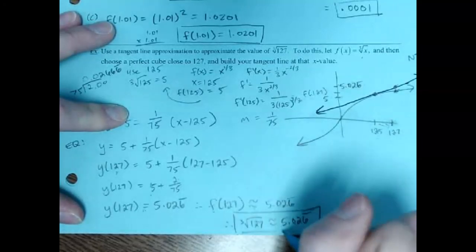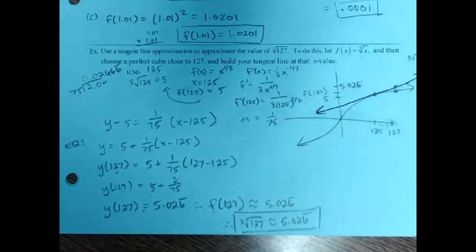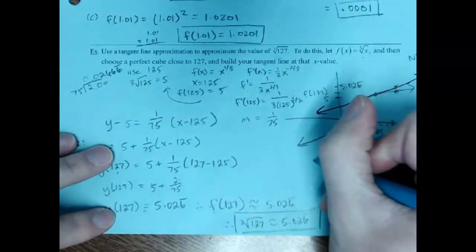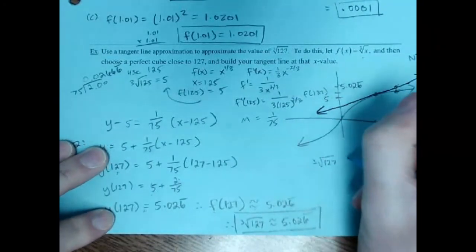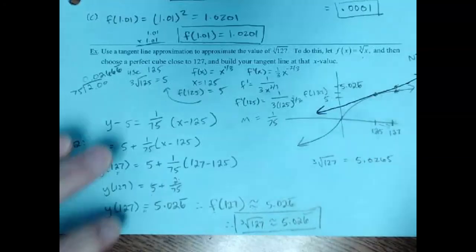So using a tangent line to get a pretty good approximation for something that we cannot do mathematically by hand. Okay, if you're curious, use your calculator. The cube root of 127 is 5.0265.